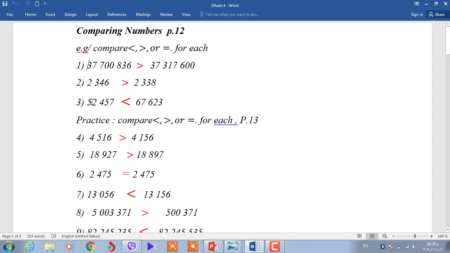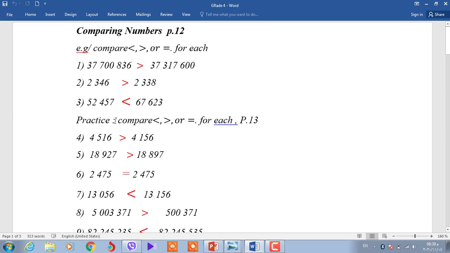In example 3 we have 52,457 and 67,623. We have 5 in 10,000, 6 in 10,000. Because 6 is greater than 5, 67,623 is greater than 52,457.